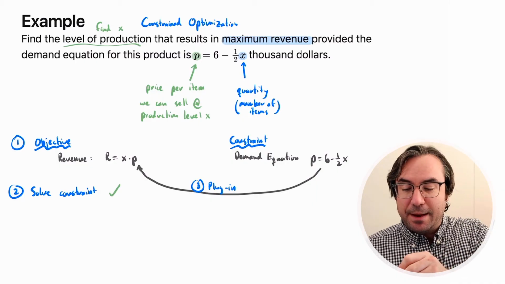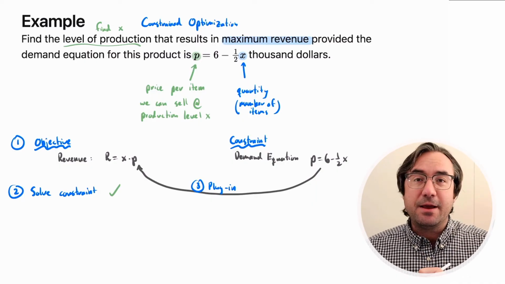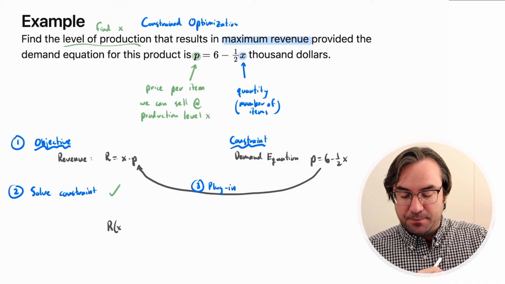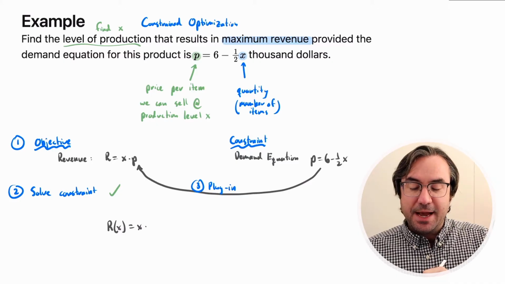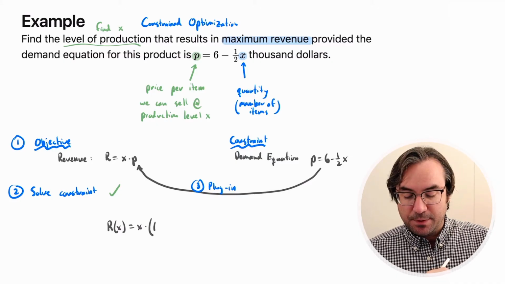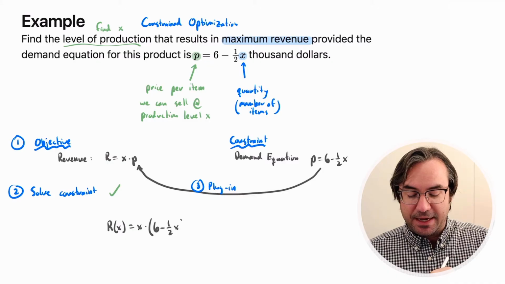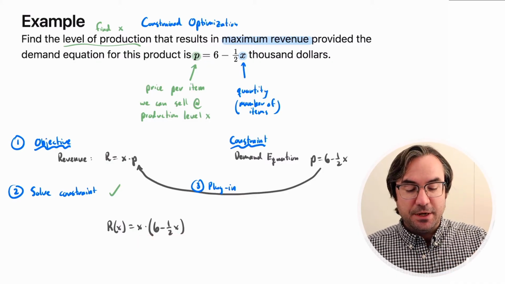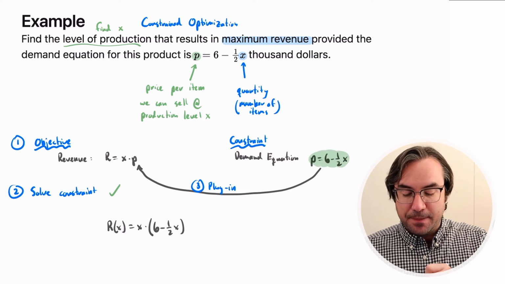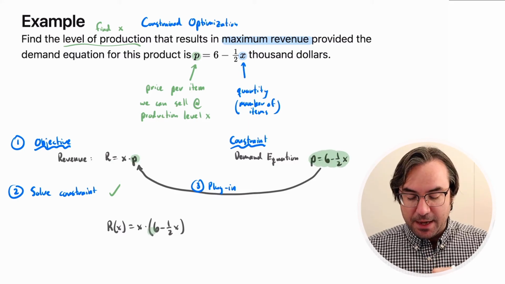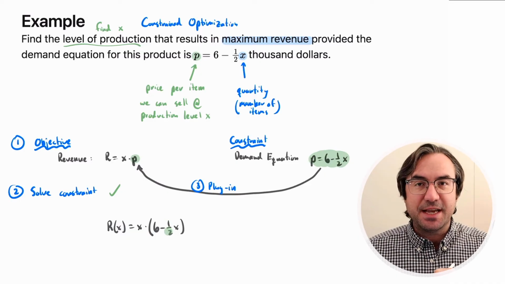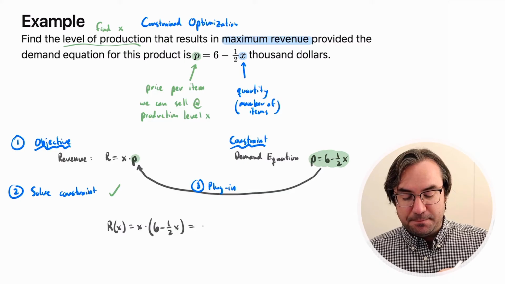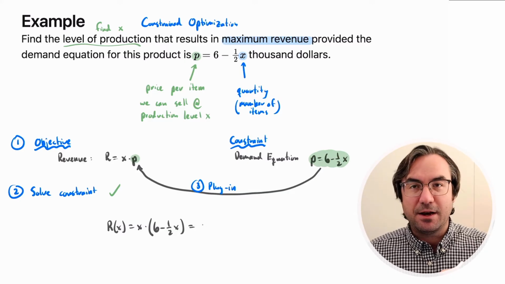And what do we get after we do that? Well, we're going to get a one variable function. And so our revenue, after we do that, is going to be x times, well, let's replace the p with 6 minus 1/2 x. And this is perfectly good. So all we did is we took our demand equation here, plugged it in where we saw a p, and now we have this x times 6 minus 1/2 x. And usually a good idea to try and multiply it all out.